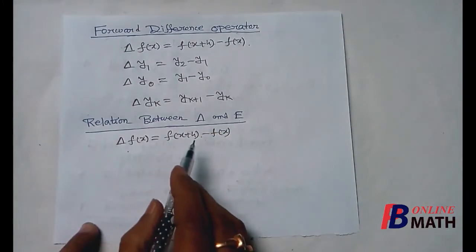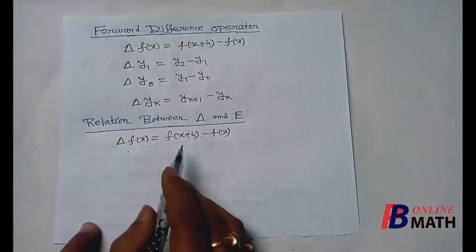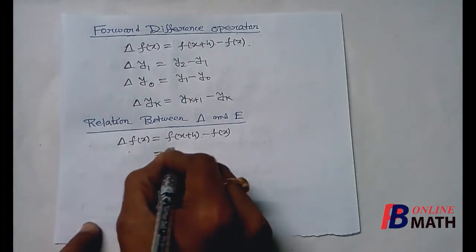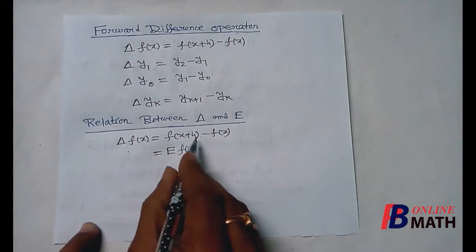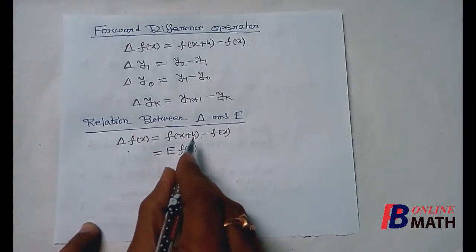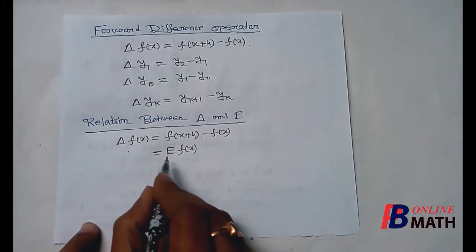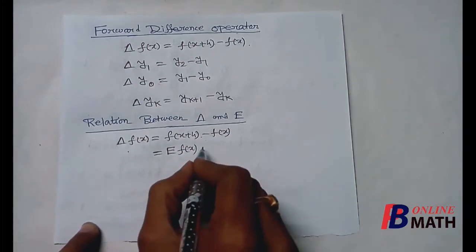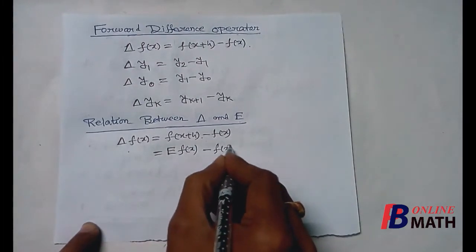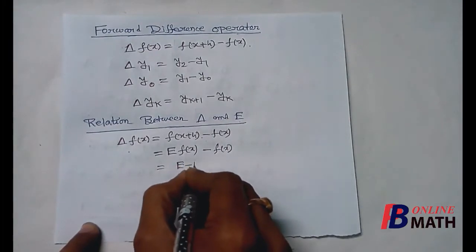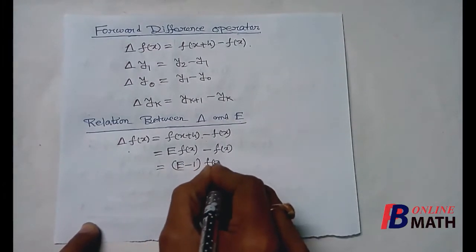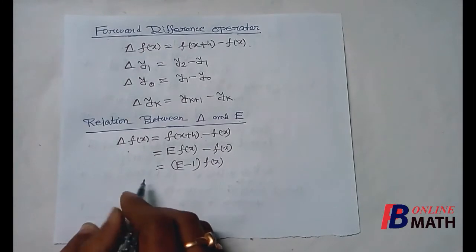Now we know from the definition of shift operator that if we apply the shift operator on f(x), we shall get f(x+h). So f(x+h) can be written as E of f(x) minus f(x). So if we take f(x) common, we find it is E minus 1 of f(x).